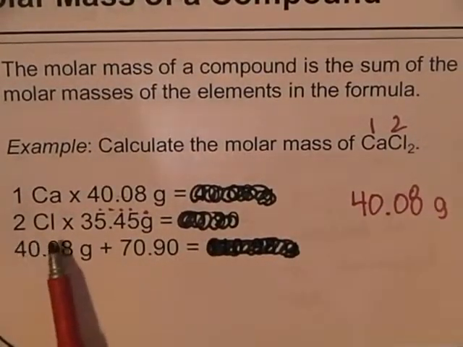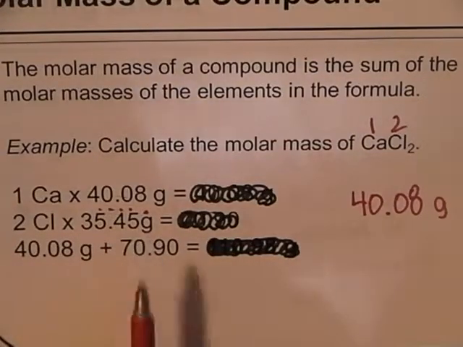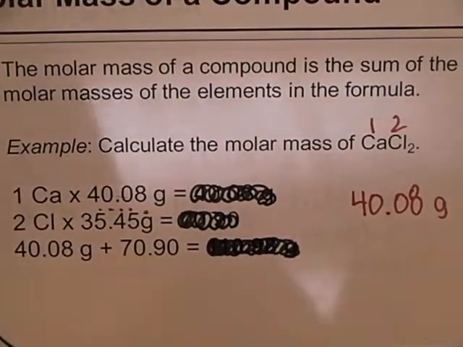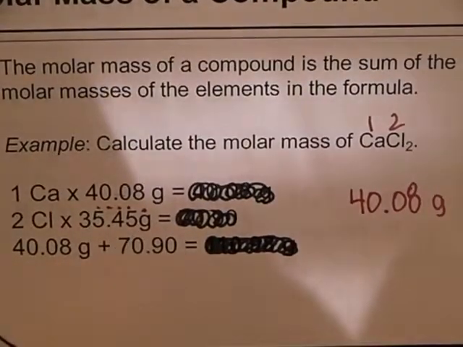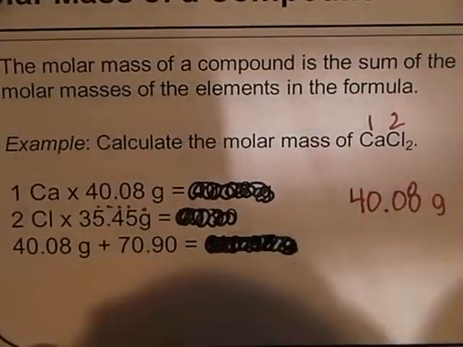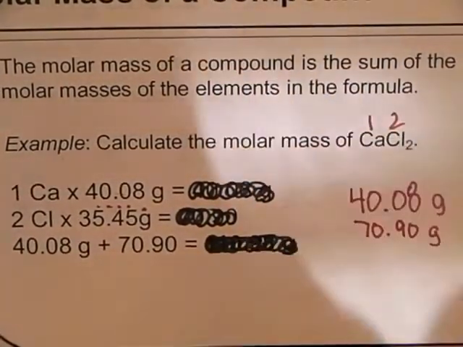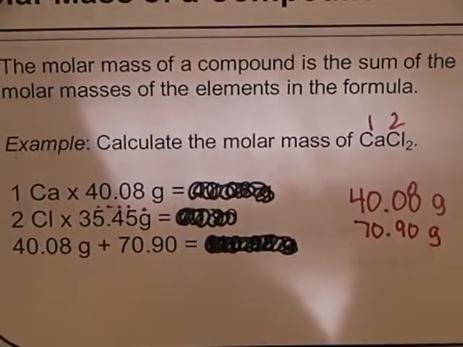We've got 2 chlorines, and if you look up chlorine on the periodic table, you see that it is 35.45. So make sure you multiply that by 2, because there's 2 of them. 35.45 times 2 is 70.90. Attach grams to it.